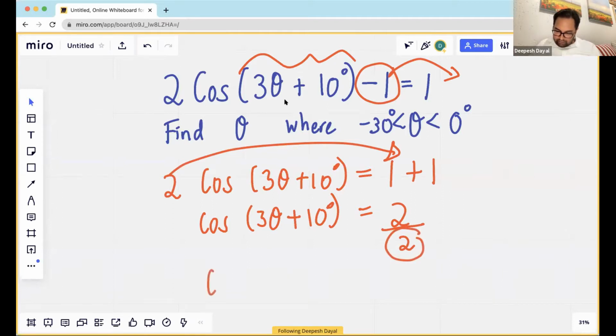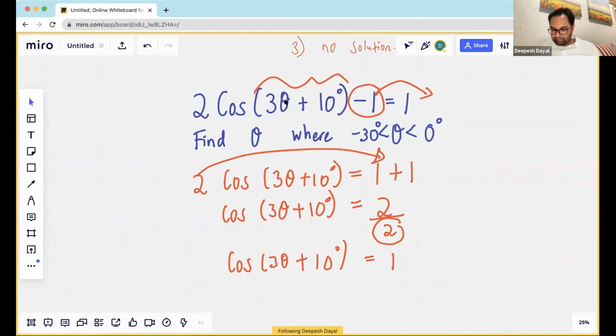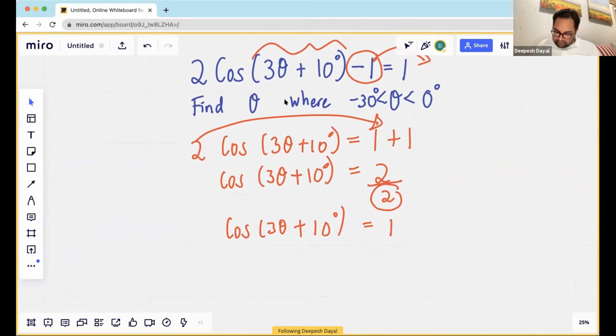So we get cos (3 theta plus 10 degrees) equals to 2 divided by 2 is 1. We then get 3 theta plus 10 degrees equals to shift cos of 1, which we calculate, and it gives us 0.